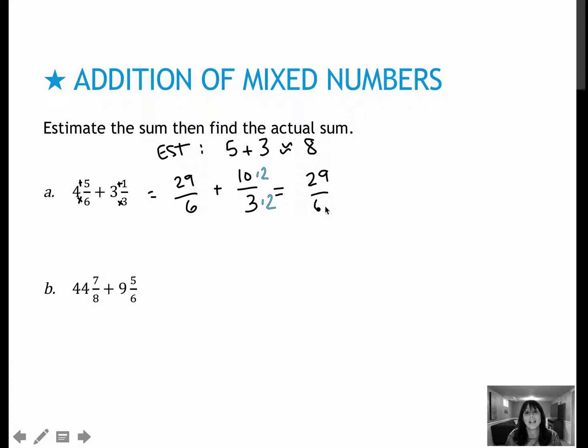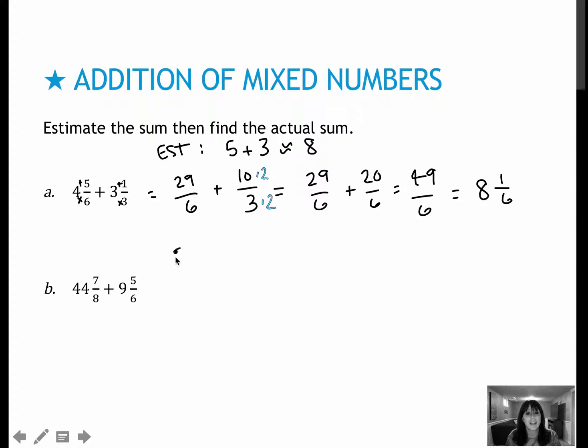So 29/6 plus 20/6 gives me 49/6. Then of course I'm finding how many times 6 will go into 49 evenly, and it looks like 8 times with 1/6 left over, 8 and 1/6. So 8 was my estimation, 8 and 1/6 is my actual solution, so I feel pretty good about it.